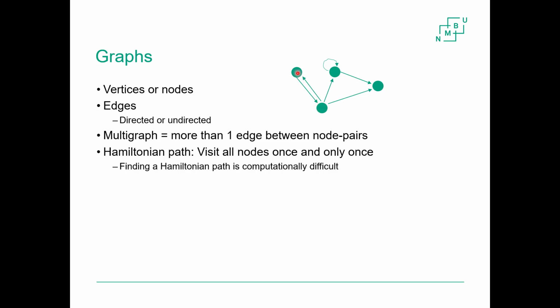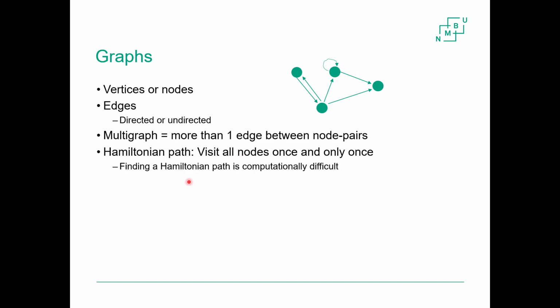And then a Hamiltonian path means visit all nodes once and only once. So you can start somewhere, walk a certain path like this. This is a Hamiltonian path for this very small graph. Start here, walk it here, follow that arrow up here and that arrow out here. Then you have visited all nodes once and only once.